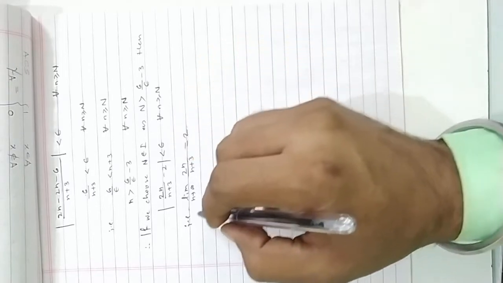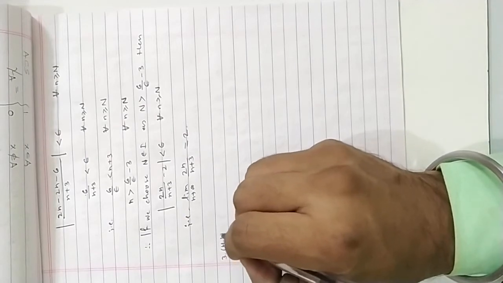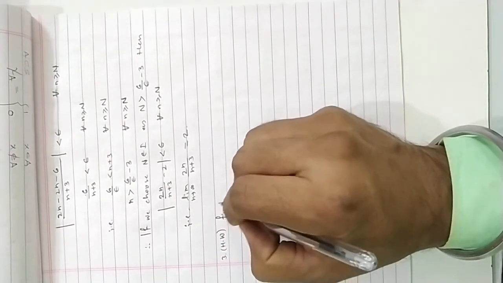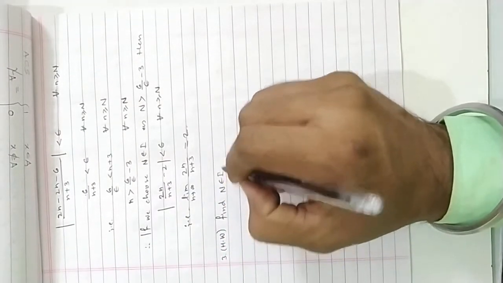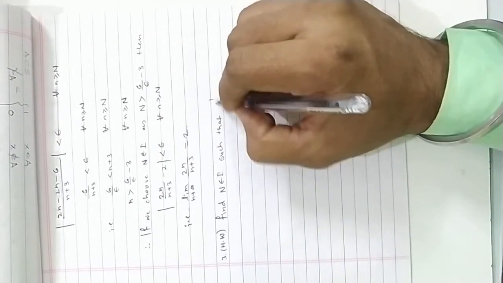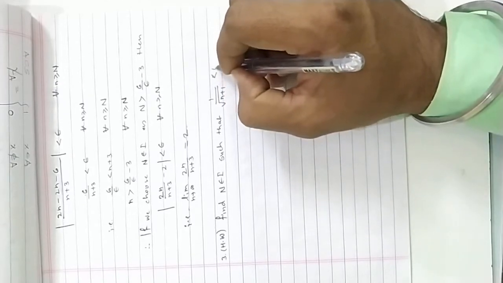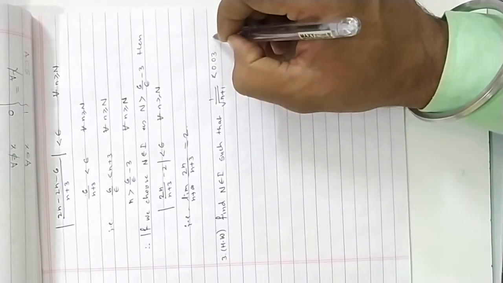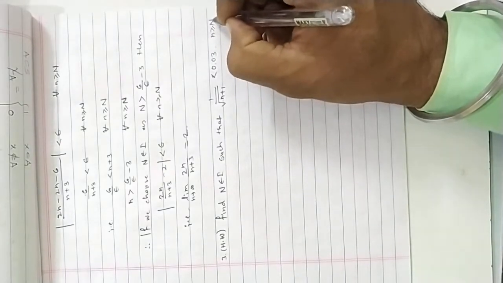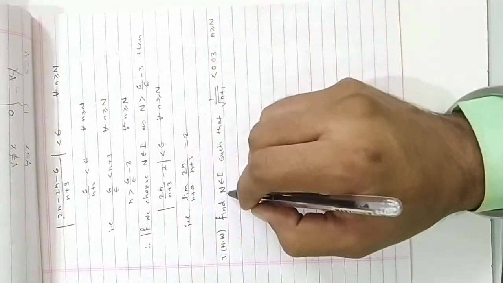So one example for homework is there. Find positive integer N such that 1 upon square root of n plus 1 is less than 0.03, and it should be true for all n greater or equal N. So try to find out.